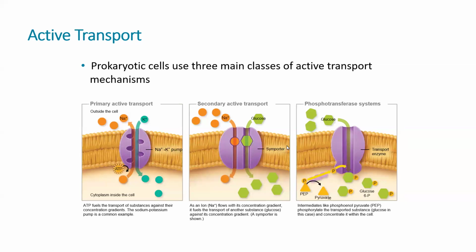And then we have phosphotransferase systems, and they are going to have some sort of intermediate like PEP, phosphoenolpyruvate, and what they do is they phosphorylate.